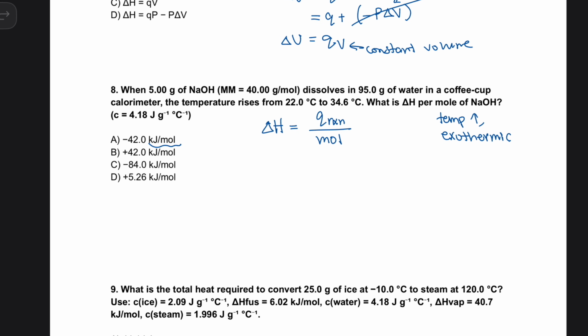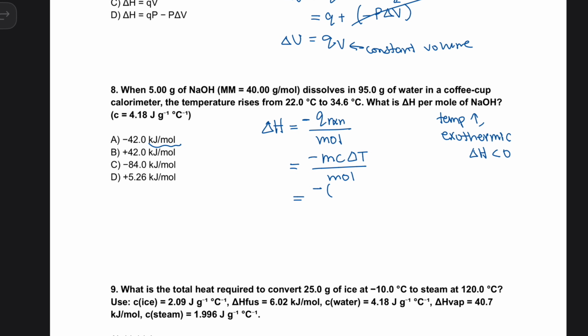So because it's exothermic, I know that delta H is below 0. So I have to stick a negative sign in front of the formula because we'll have a negative Q of reaction. And then just like before, we know that Q is MC delta T divided by moles. And then now we can just plug in our values.